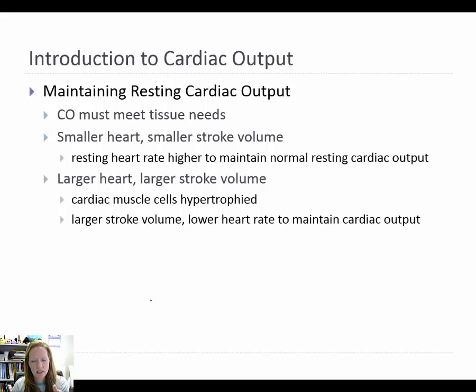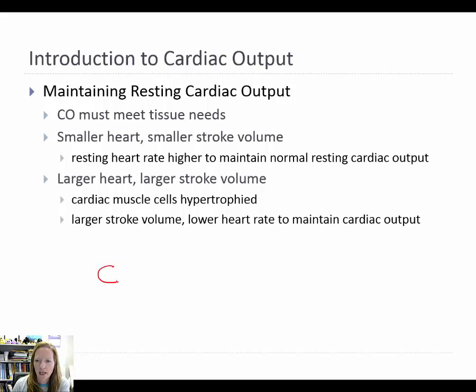But of course, this is going to be different from individual to individual, just like I've repetitively said. If you think about an individual that has a smaller heart, some females tend to have smaller hearts than males. Newborns have smaller hearts than adults. They are going to have a smaller stroke volume.